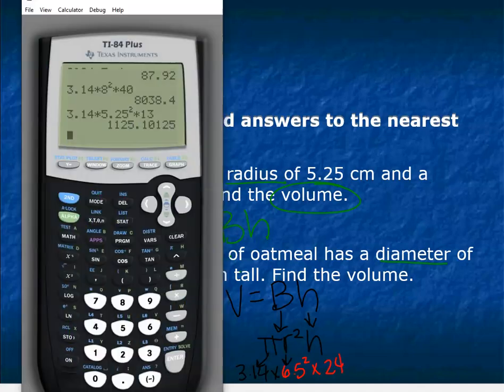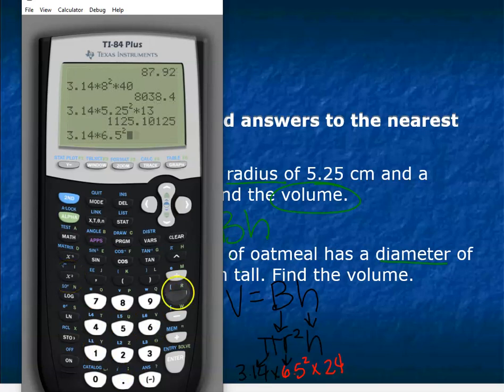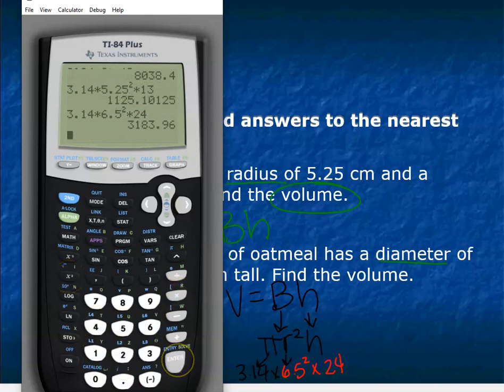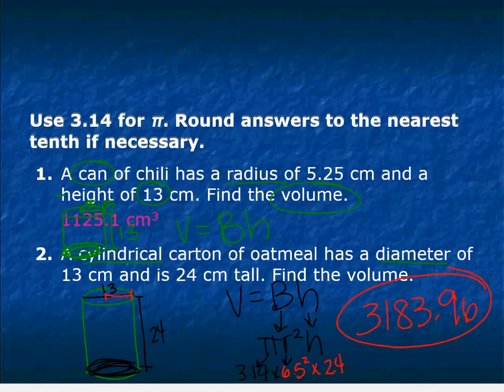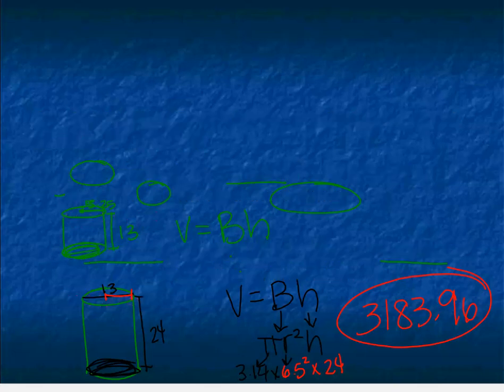And then you go ahead and put everything on the calculator once you have plugged in your numbers. 6.5 squared times 24. Alright, so the volume of this is 3,183.96. And of course they rounded.